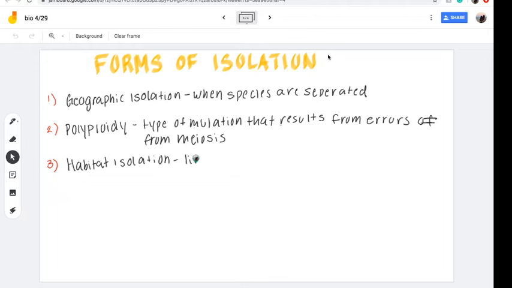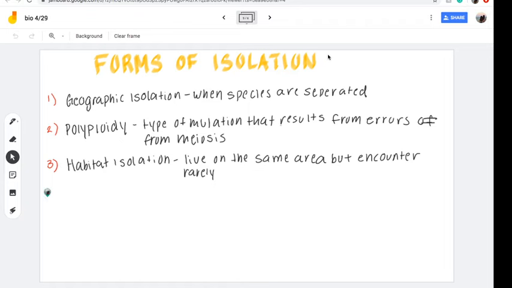So two species of snake can be found in the same geographic area, while one inhabits the water, while the other one is mainly on the land. So basically, they really don't have a chance of meeting each other because they live in two different habitats, even though they live in the same area.